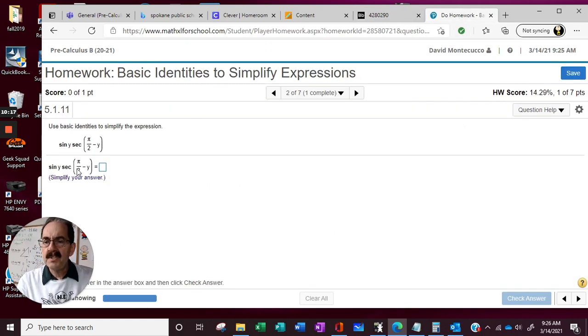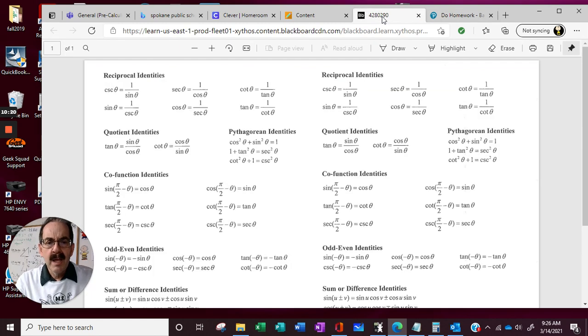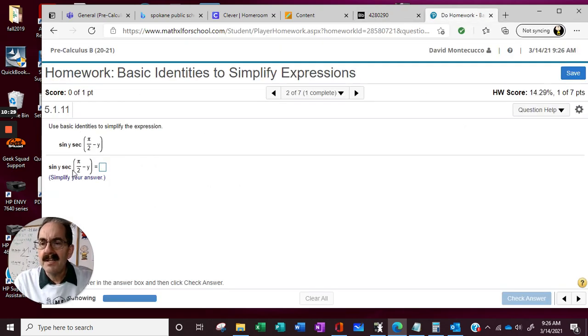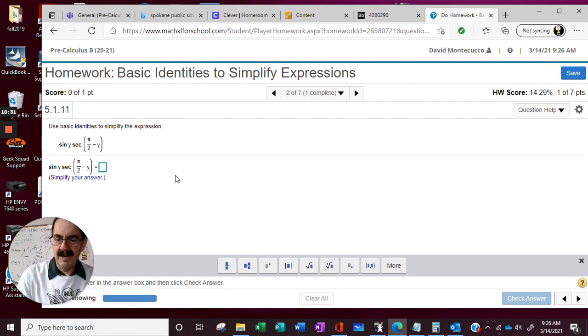So this is cosecant y, and cosecant is 1 over sine. Sine times 1 over sine is 1. Oh my gosh, seriously?